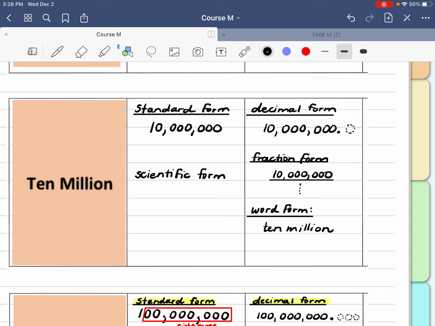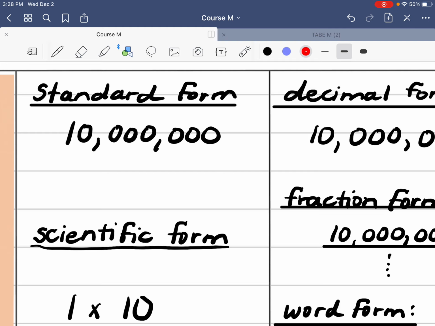In order to do scientific form, you need to be able to see standard form. Make sure you're looking at that. So you have a 1, and it's always times 10 because our number system is based on tens. And then I go back up here and I'm going to count my zeros. We've already written the 1 down, so let's count the number of zeros.